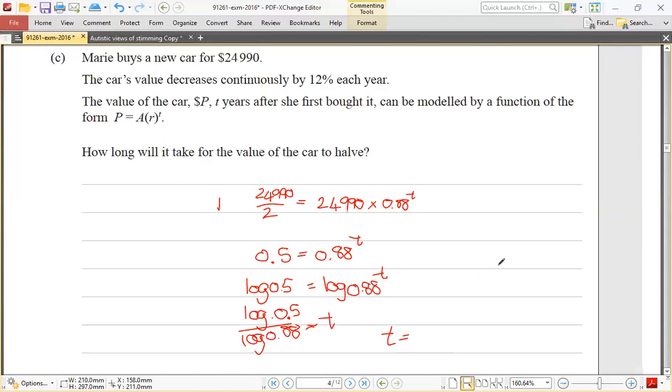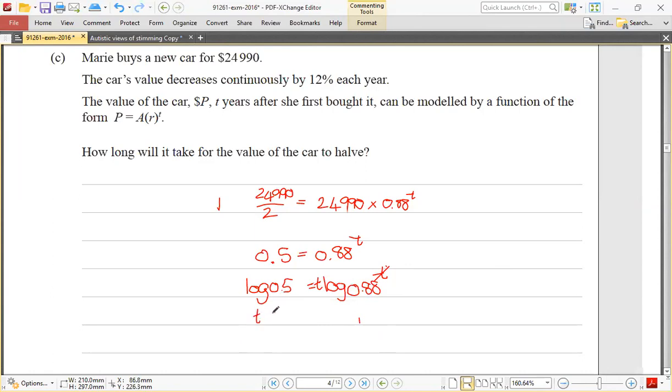Yeah, that's what I got as well. How did you get T by itself? Let's go back. I can get rid of that and bring it down here. So then it's T times log 0.88, and then you have to divide both sides by that.